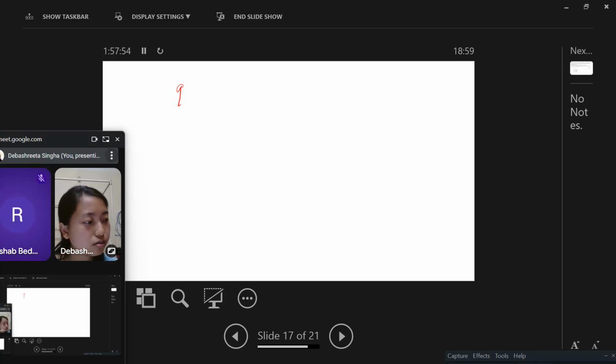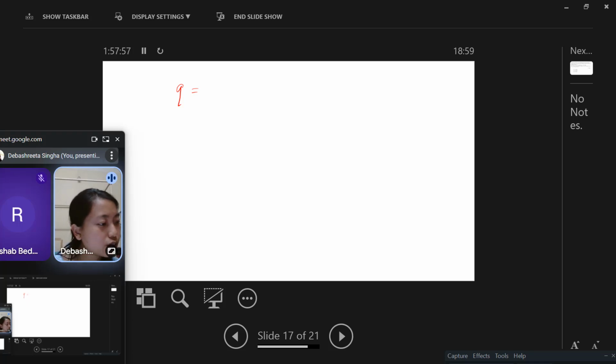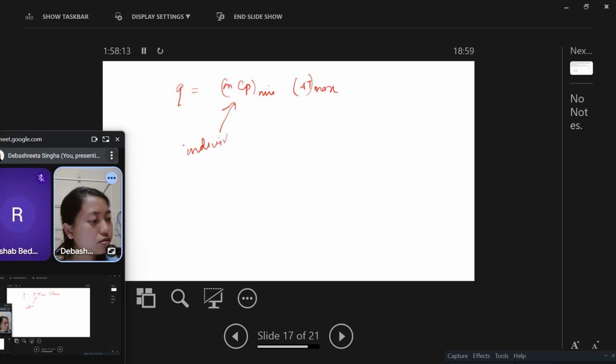So the only thing which I wanted to clear is that for Q it was MCP mean into delta T max. This is for an individual fluid, and this is considering the maximum temperature gradient.